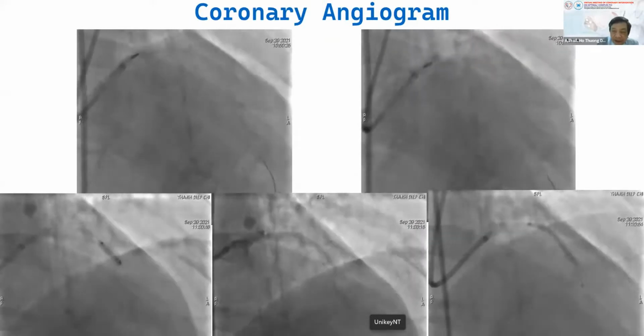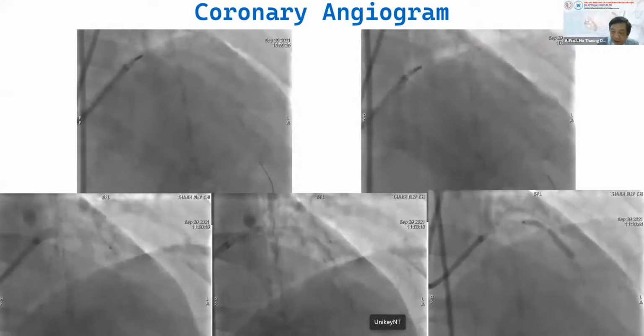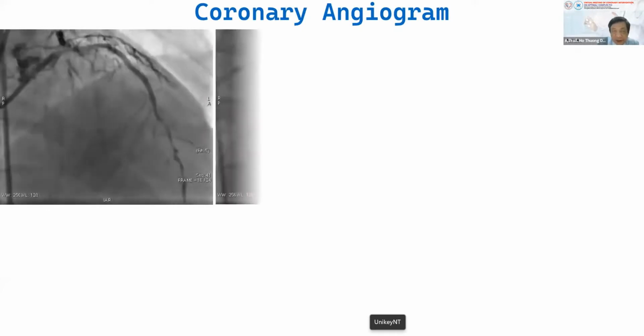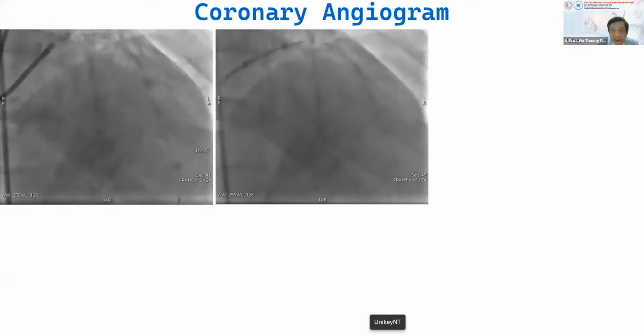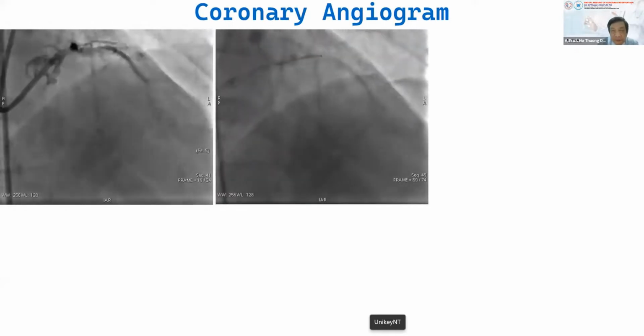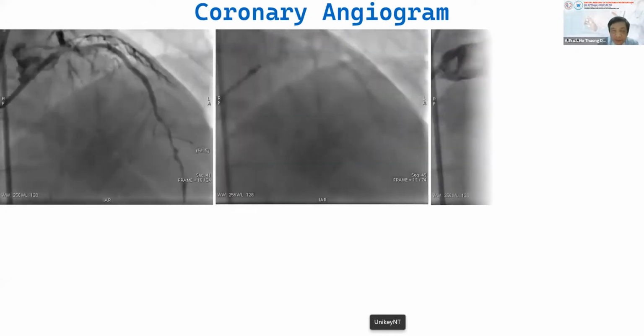And with the support of either Zeus extension or guiding catheter, we can put the stent for the mid segment of the LAD, and the second stent covered from left main to proximal segment.